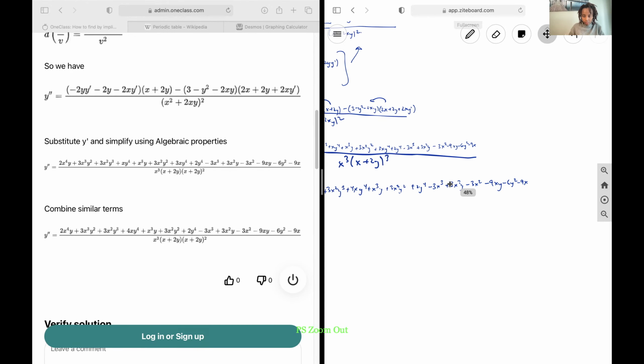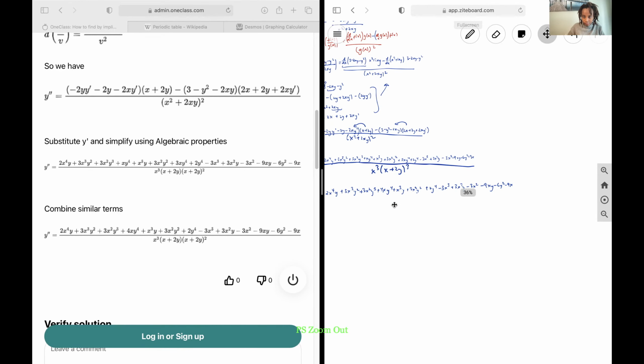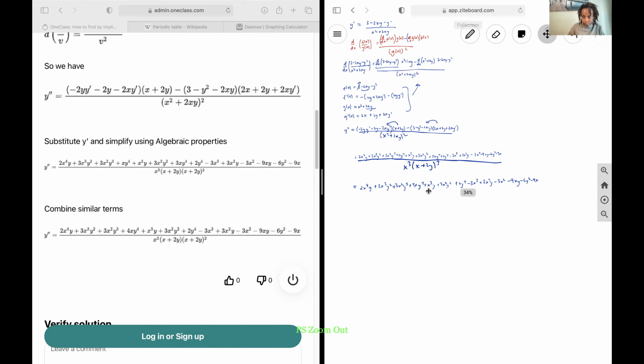And this is all going to be over x cubed into (x plus 2y) cubed.